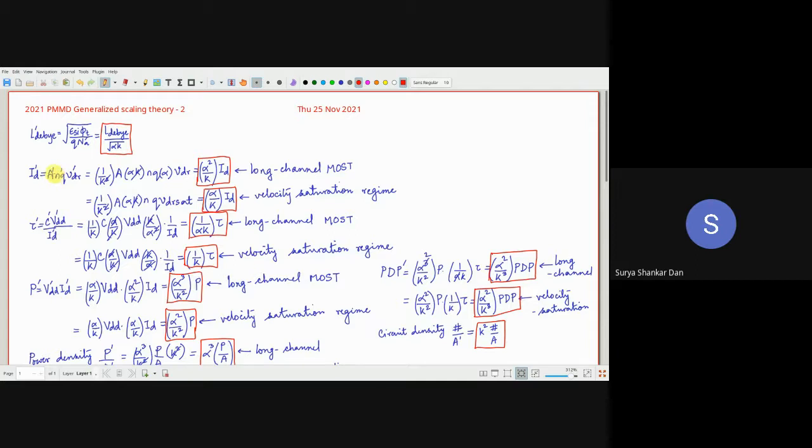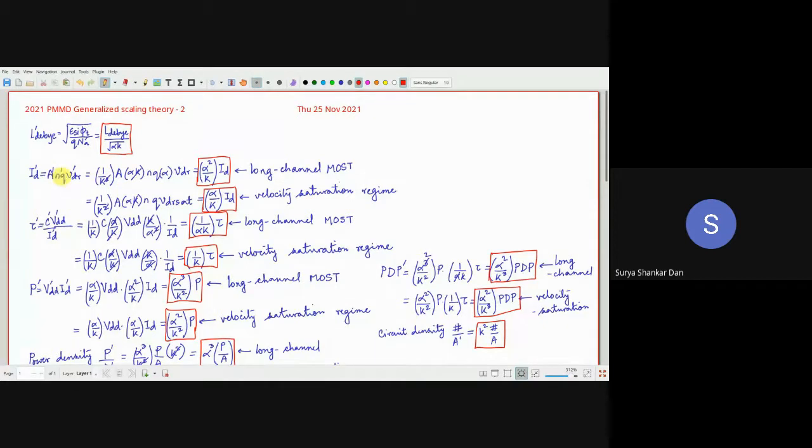All right. Now, what are the factors over here which will scale? Obviously, the current scales, area scales, N, the number of free carriers, will change with scaling. Q doesn't change with scaling, and the drift velocity also changes with scaling. Area is basically dimension squared, so 1 upon k square.